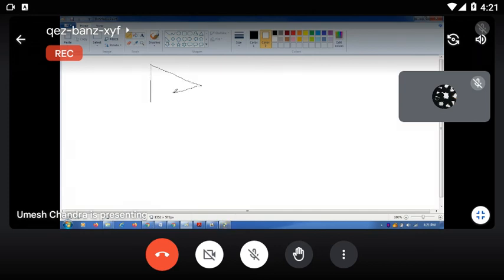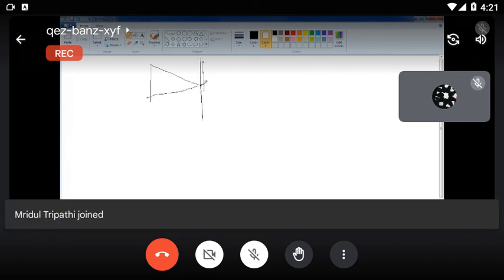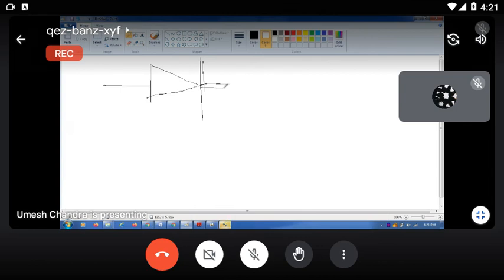Now this is one PN junction diode, the symbol of the PN junction diode. This side is positive and this side is negative. Then you take another PN junction diode, the second diode, where the right side is the positive terminal anode and this side is negative.